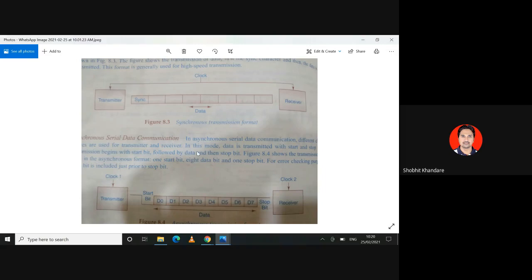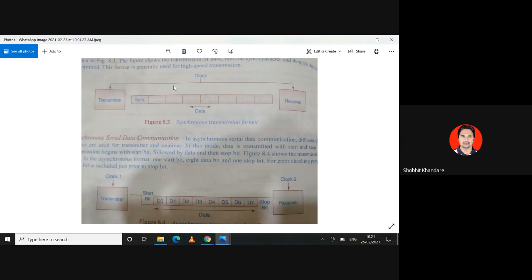But if we talk about baud rate for the 8051, you have to omit the start bit and stop bit and concentrate only on the data bits, even though there is a start bit and stop bit. If you are talking about baud rate in asynchronous communication, we are purely talking about the data bits only, not the stop and start bit.